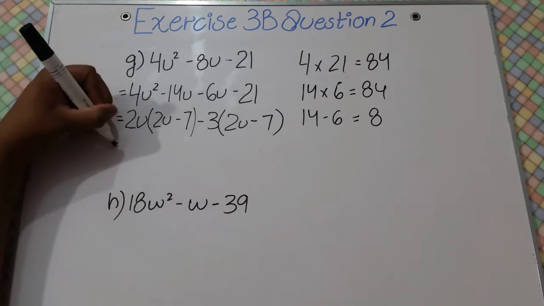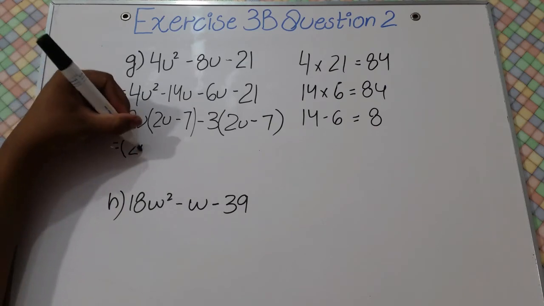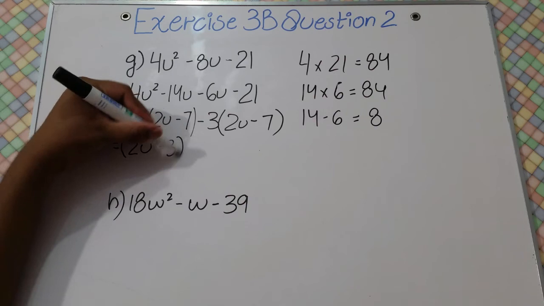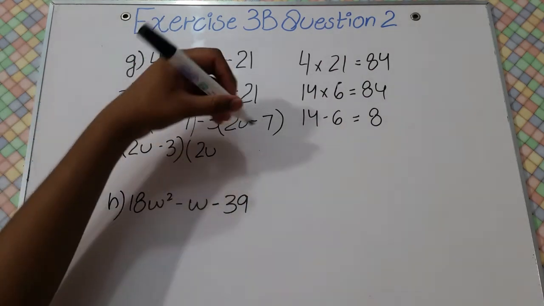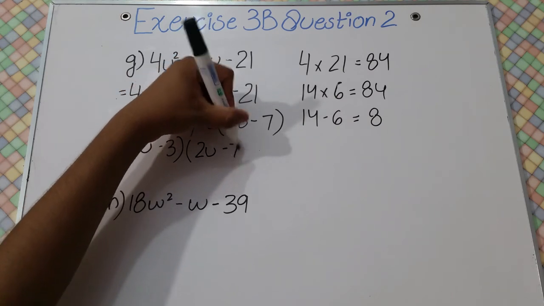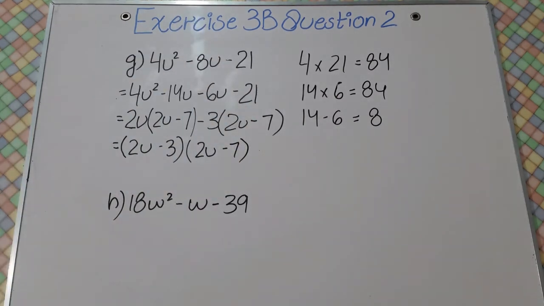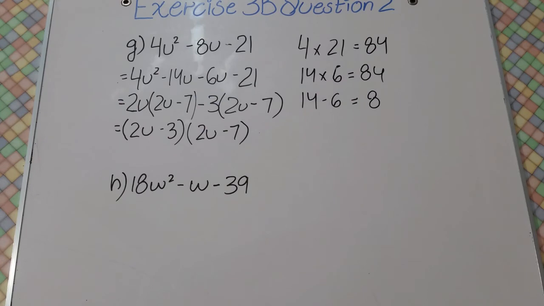So one time I would write 2u minus 3 and one time 2u minus 7.